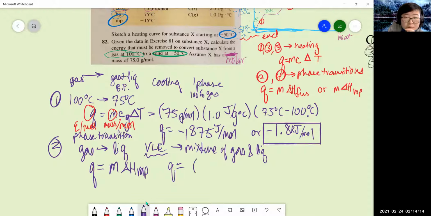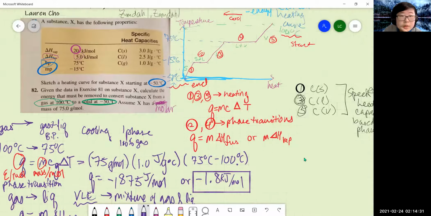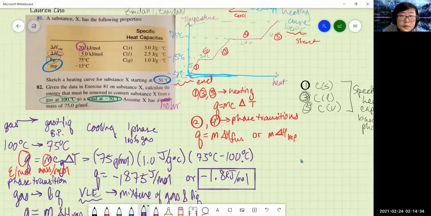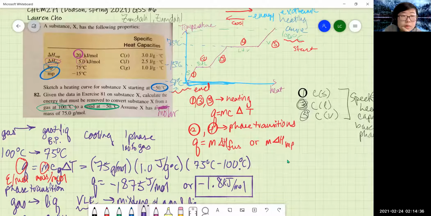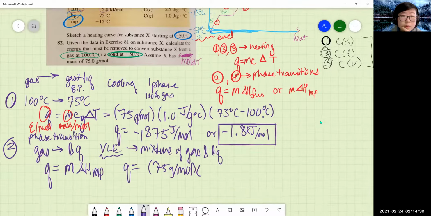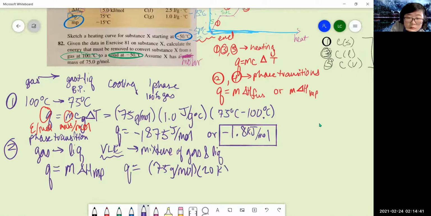So you have a mass of 75 grams per mole, and then you have delta H vaporization, which should be given right here, 20 kilojoules per mole. Remember, this is not vaporization, it's condensation, so you need a negative.